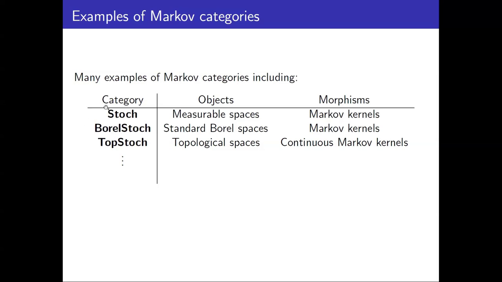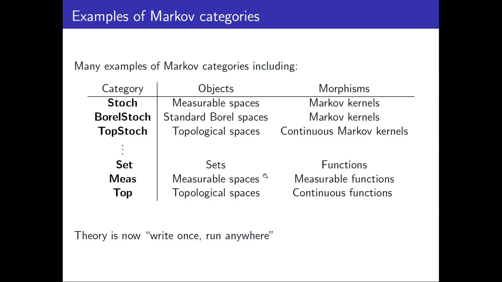I just described the Markov category of measurable spaces and Markov kernels. There's also a Markov category where the objects are standard Borel spaces and the morphisms are Markov kernels, and this is better behaved in some ways, so it's possibly of interest in some applications. There's a similar one for topological spaces. You have continuous Markov kernels as the natural notion of morphism. These can be recovered as suitable classic categories as well, yes.